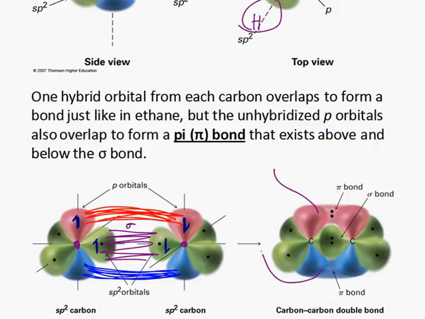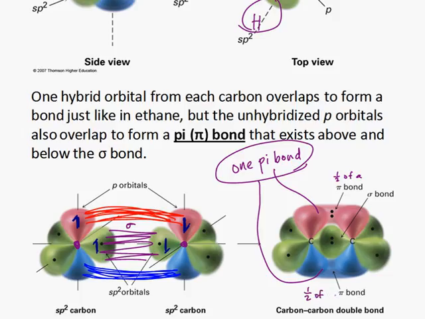Let me make that very clear that this is 1 pi bond, all together. So the top, this is half of a pi bond. On the bottom, that is half of a pi bond.